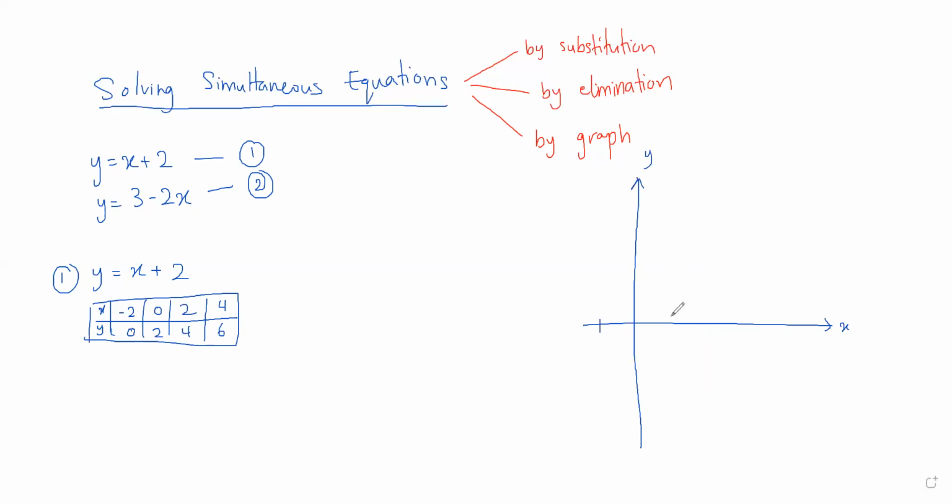So we have, let's say, negative 2, 2, 4, 6, and on the other axis 1, 2, 3, 4, 5, 6, 7, and for negative we will need up to negative 5. Right, so let's plot our first line.